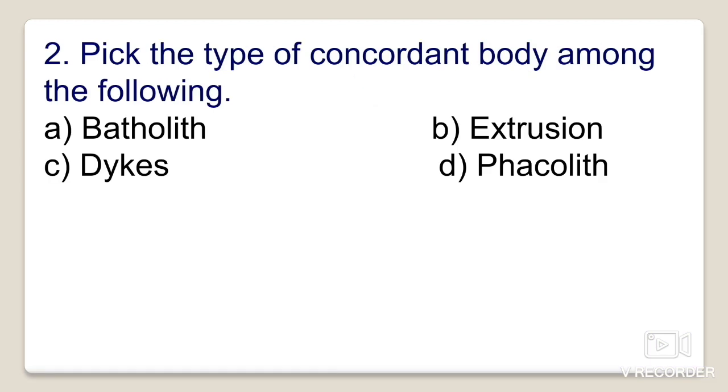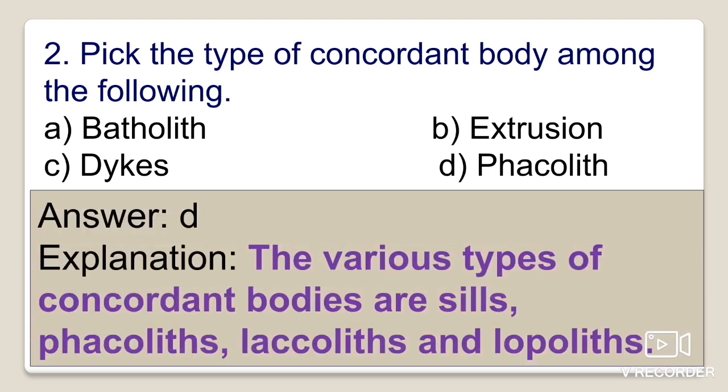Next one is: pick the type of concordant body among the following. You have to keep in mind the basic difference: concordant rock bodies are parallel, or along the host rock, and discordant ones are sometimes vertical and across the rock bed. The options are batholith, extrusion, dikes as well as phacolith.